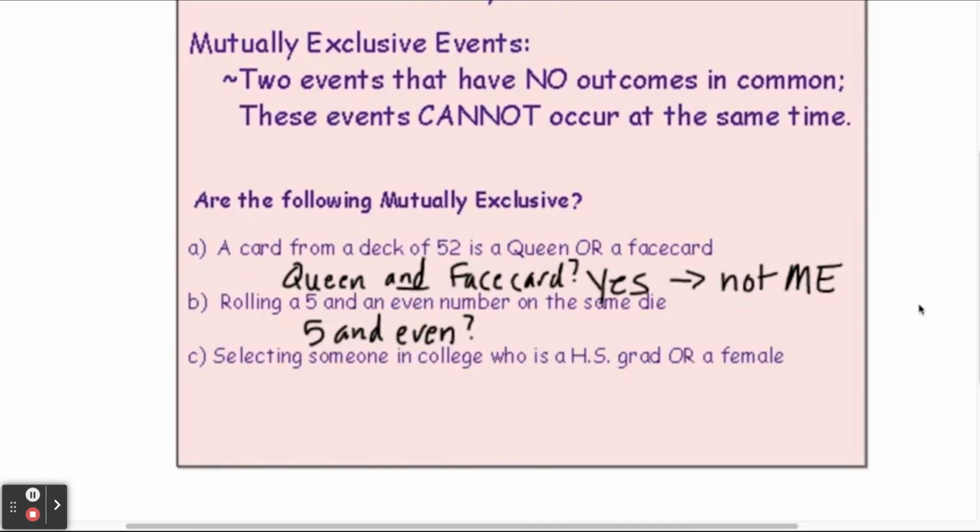They can't happen at the same time, which means that they are mutually exclusive. Again, that's where people get tripped up, because we're saying that no, they don't happen at the same time, so they are mutually exclusive. On the first one, yes, they could happen at the same time, so they are not mutually exclusive.